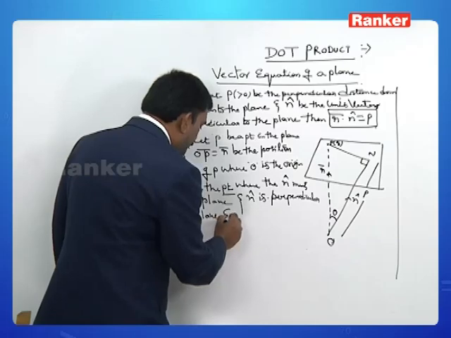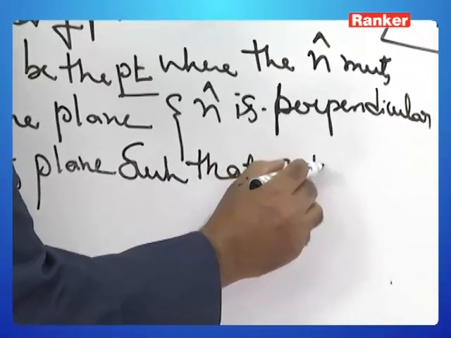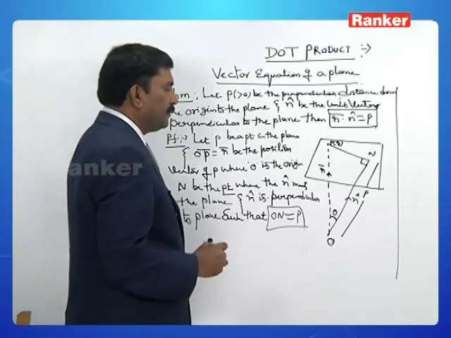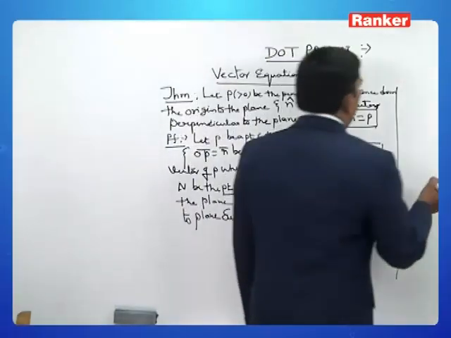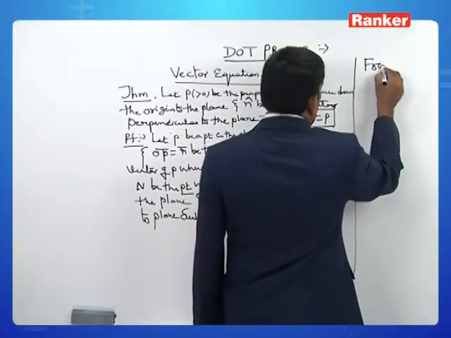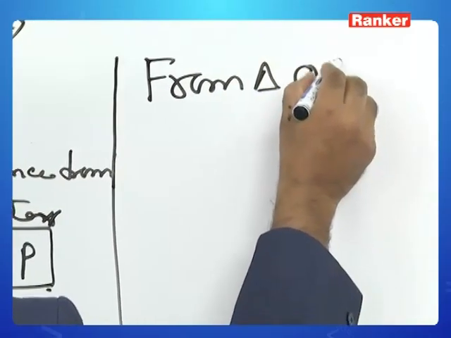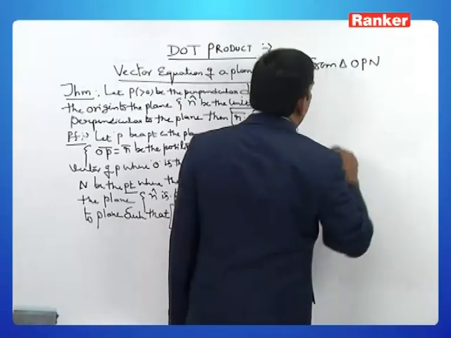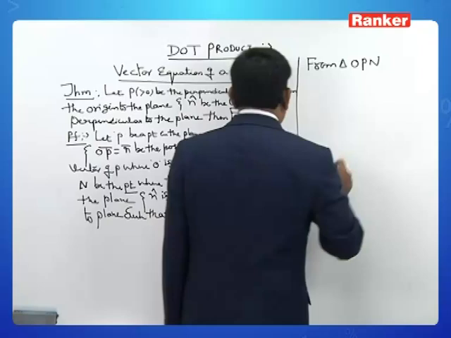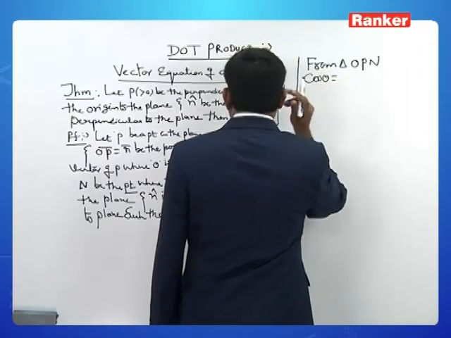Plane such that ON is equal to P. Right? From triangle OPN, I am going to write cos theta.